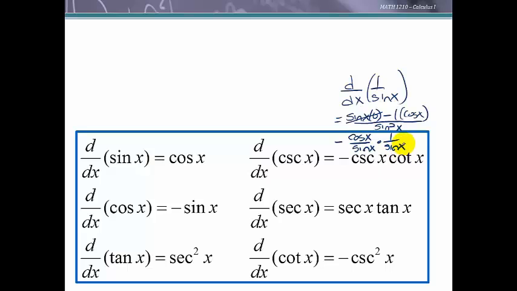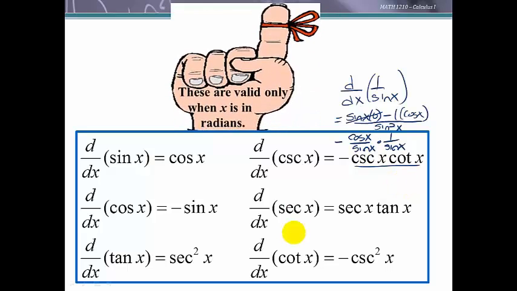And actually this is in the reverse order of how they're listed here. Here's our negative sine, and cosine x over sine x is cotangent, and 1 over sine x is cosecant. We could get these others similarly. And the one thing we need to remember is these are valid only when our x is in radians.